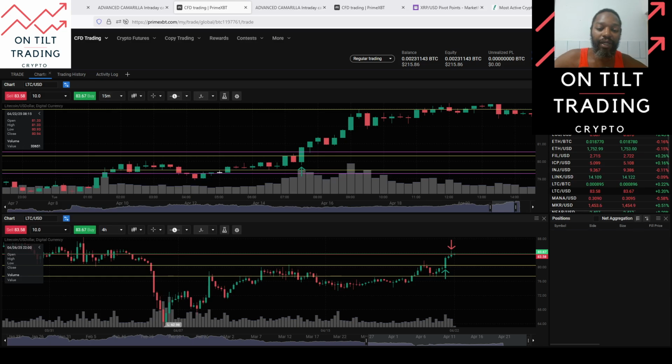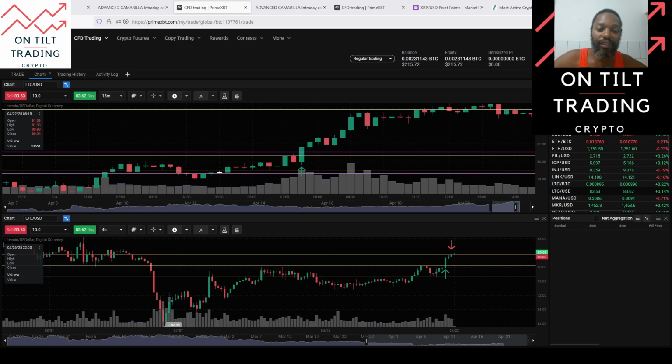So with that in mind, I want to see a breakout at the R4 level to go long on Litecoin. It fails to penetrate the R4 level, but it comes within a few cents, so it may break out later.